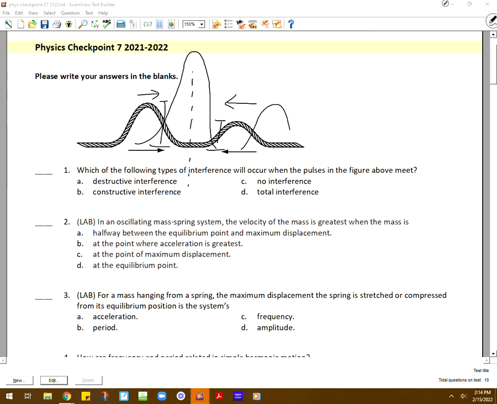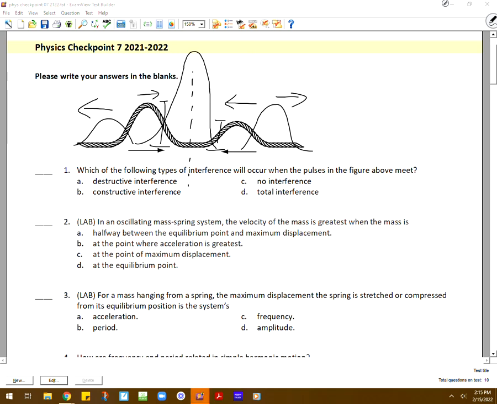At that moment where they come together, they build on each other. Keyword build. What kind of interference is that? Constructive.